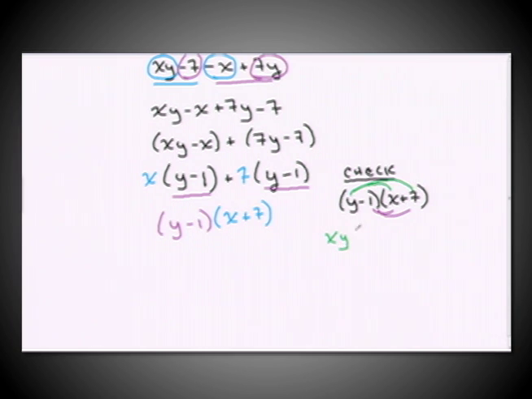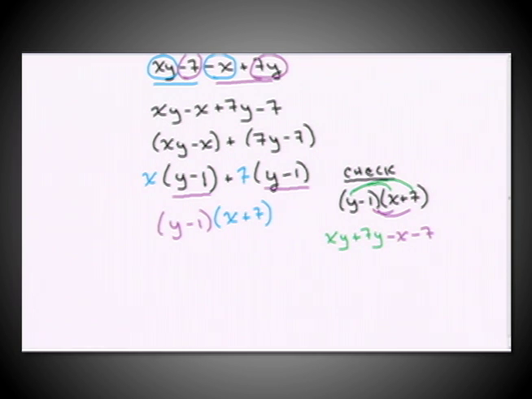And y times positive 7 gives positive 7y. Moving on to distributing the negative 1. Negative 1 times x is negative x, and negative 1 times 7 is negative 7. Once again, we can rearrange these terms as long as we travel the sign with them.